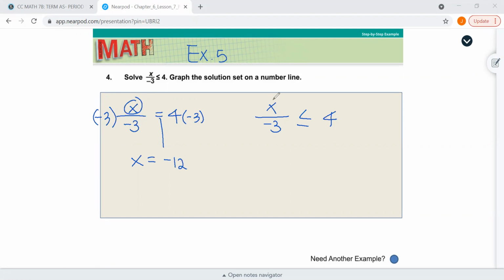So we solve the inequality just the way we solve the equation as well. So we remember, when you multiply by a negative number or divide by a negative number, what happens?